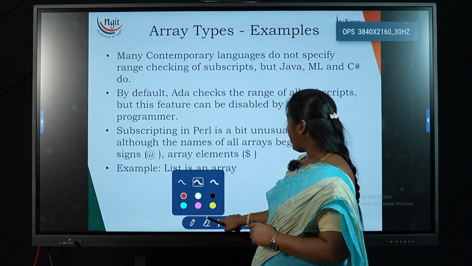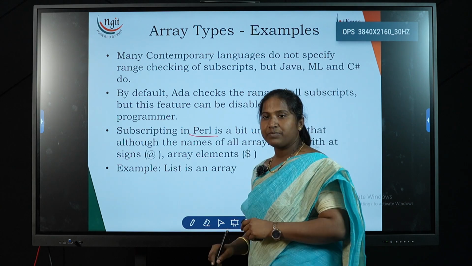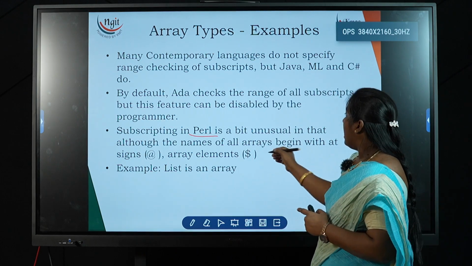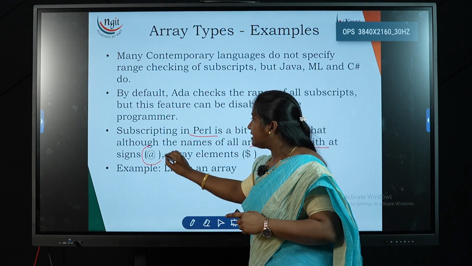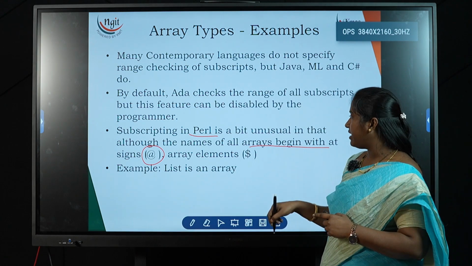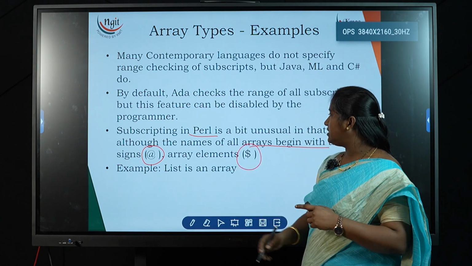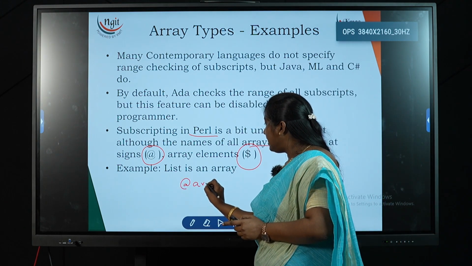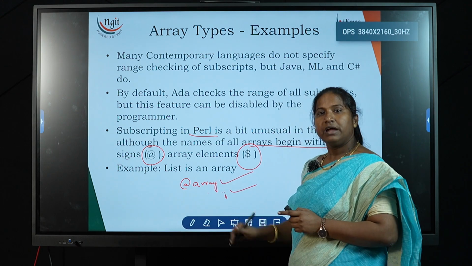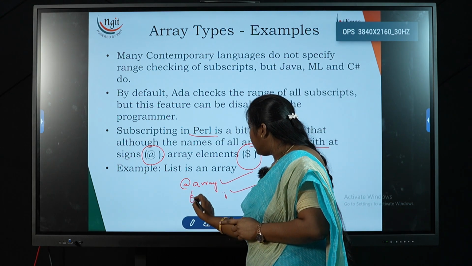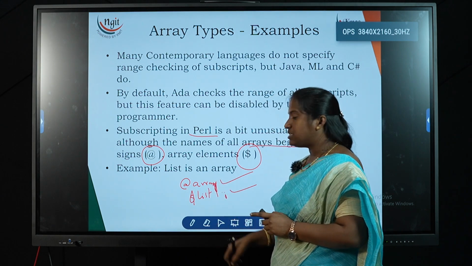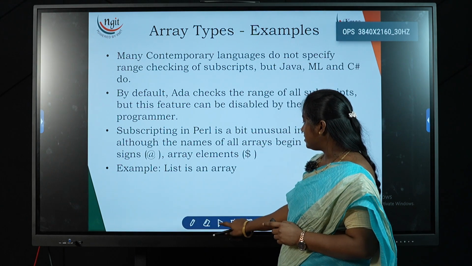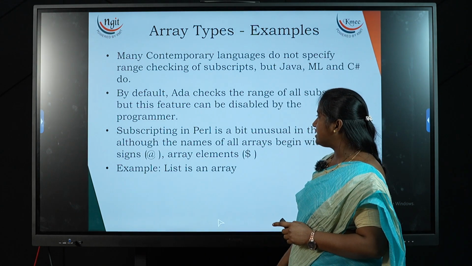It is a special kind of language with arrays that use a special notation: arrays begin with @, and elements of arrays begin with the $ symbol. So the notation of Perl is: @array tells you it is an array, and $list tells you about the list of elements available in the array. That is the programming language which takes arrays with a symbol.